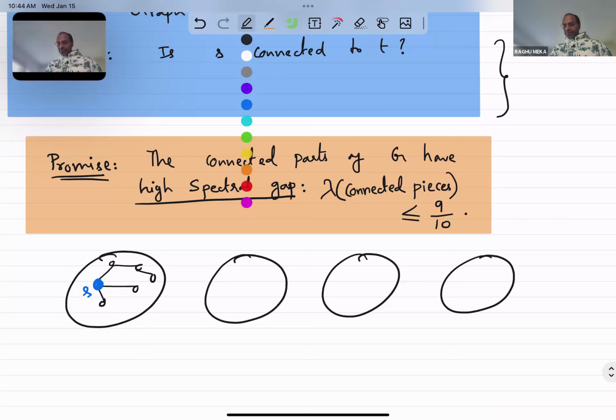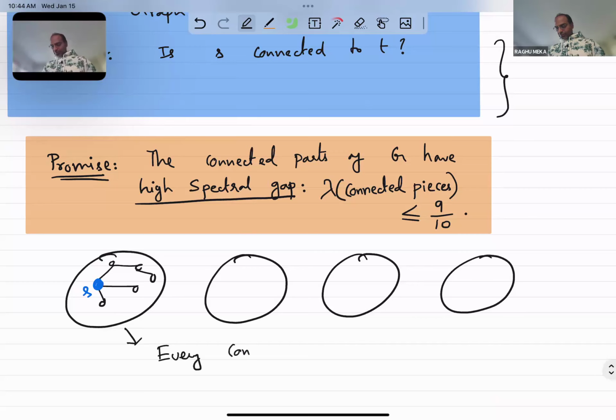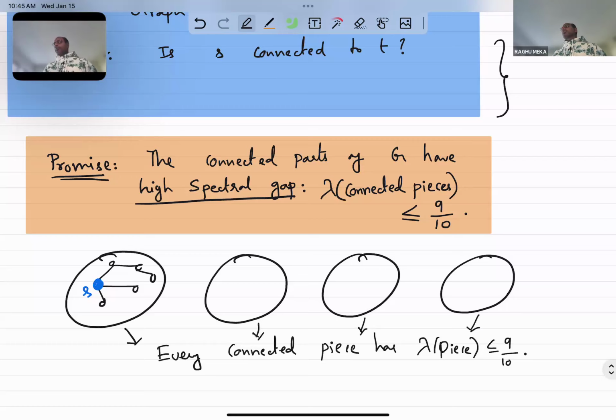This is S. It could be disconnected, but every connected piece, every piece, has second largest eigenvalue at most 9/10.